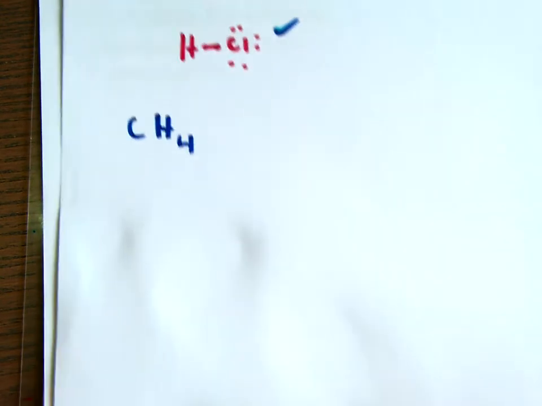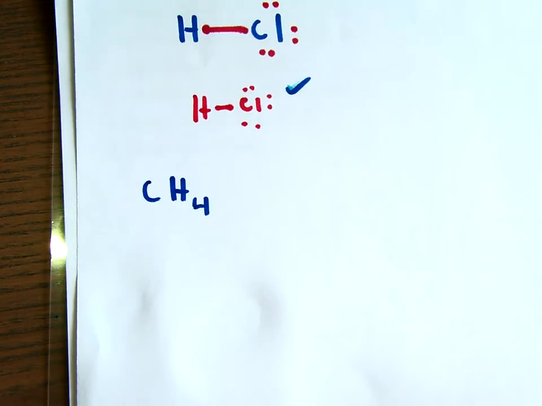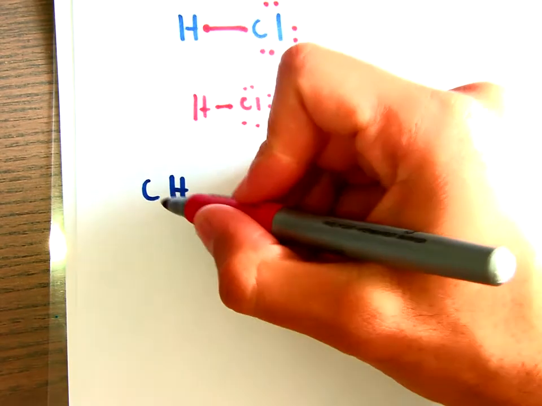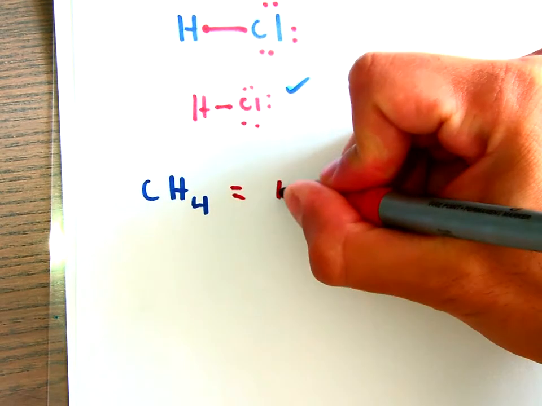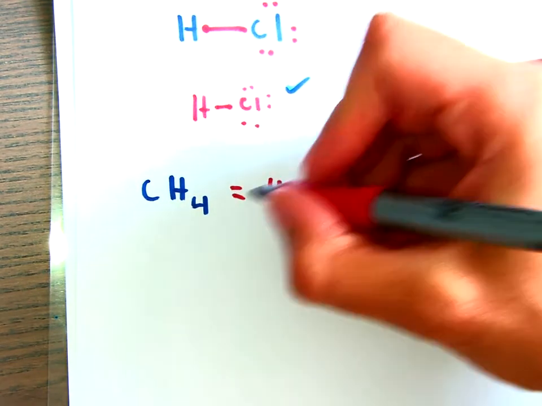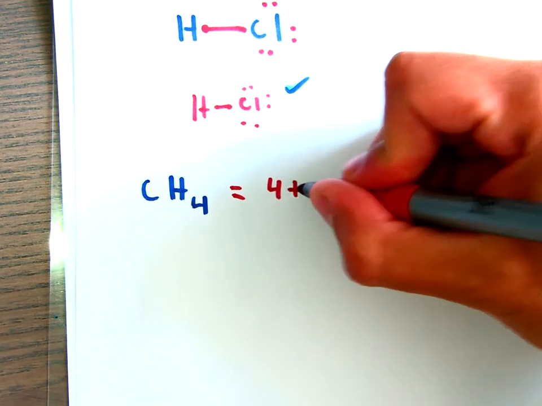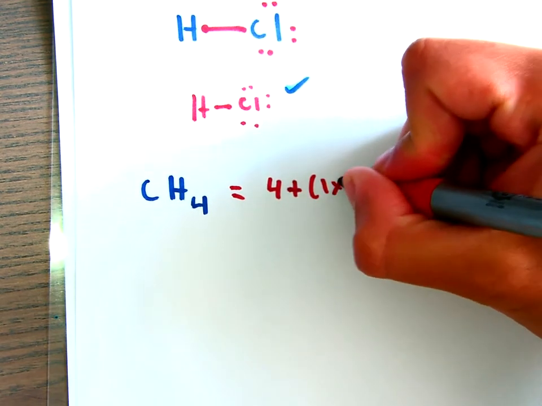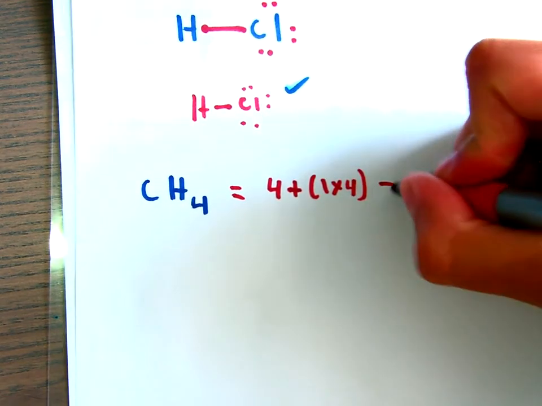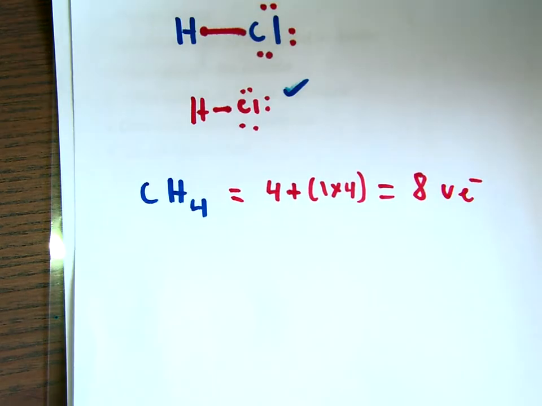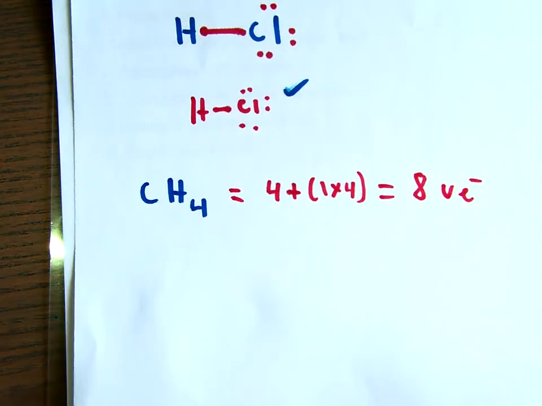We're going to go through the rules. Step 1, find my total valence electrons. Carbon has 4, plus hydrogen, which has 1, times 4. So this is 4 plus 4, a total of 8 valence electrons in this compound.